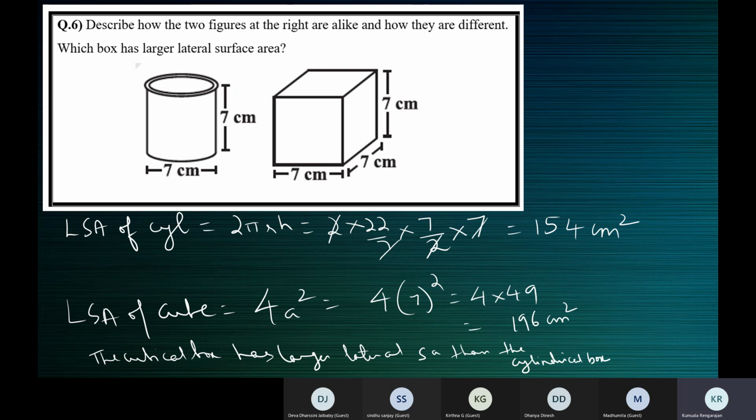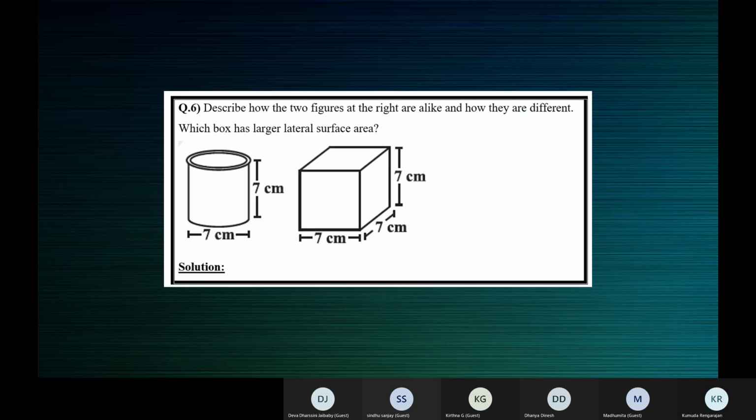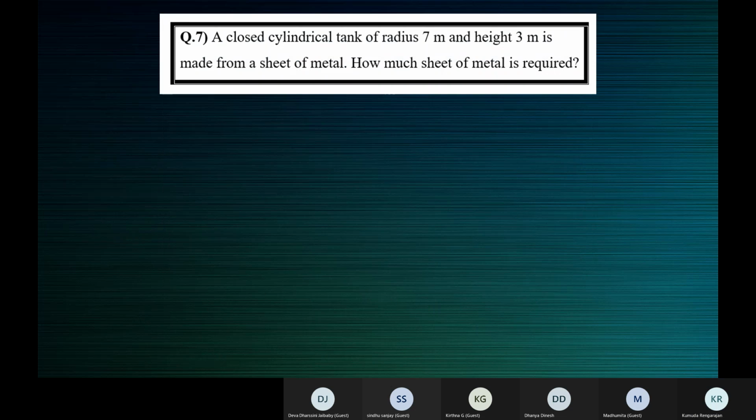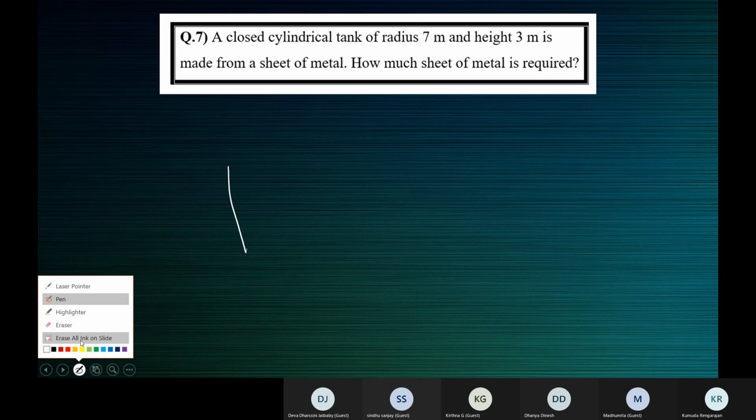Done, children? Yes, ma'am. All right. A closed cylindrical tank. Closed cylindrical tank means the tank can even be open at the top, right?